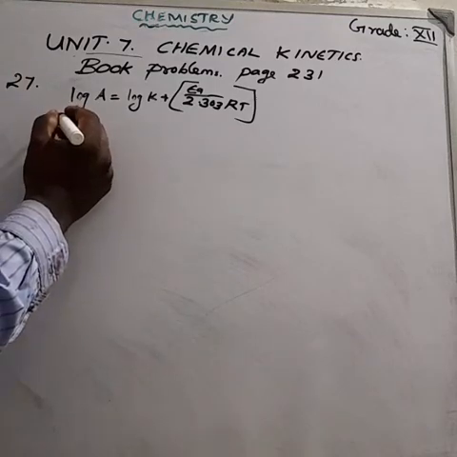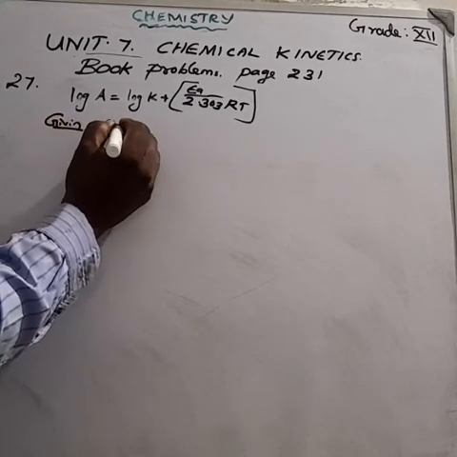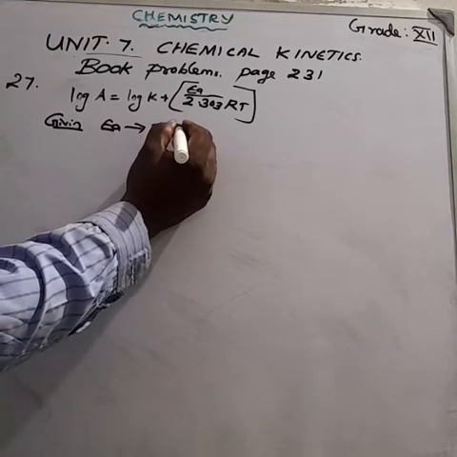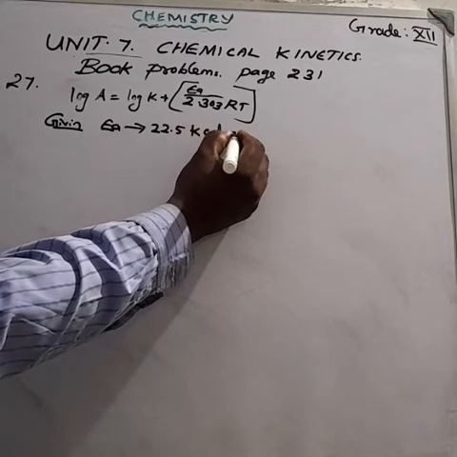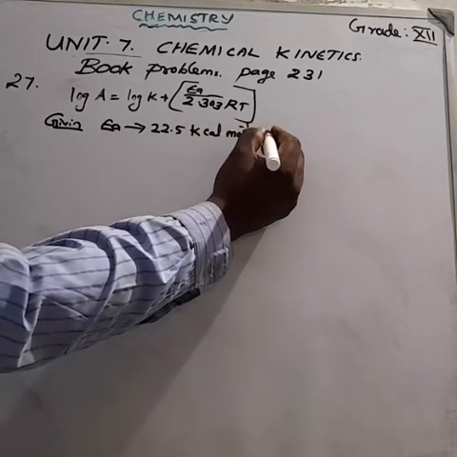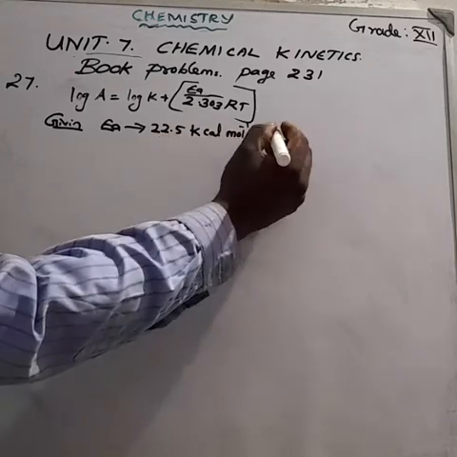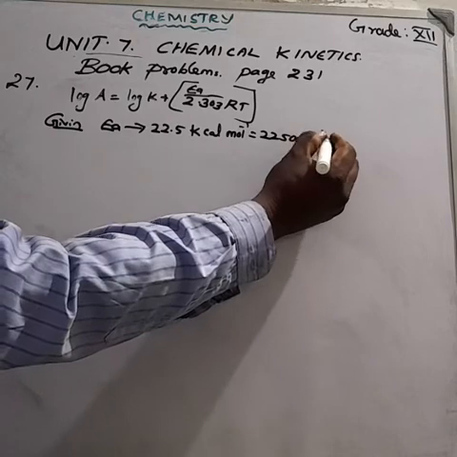Here the given is EA. The value of EA is equal to 22.5 kilocalories mole inverse. Converting kilocalories to calories, that is equal to 22,500 calories mole inverse.